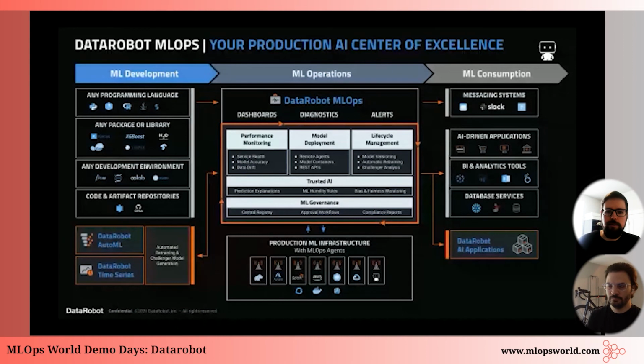When we talk to large organizations, it's not uncommon for them to have different teams using different technologies for both training and deploying models. So we've borrowed a standard DevOps concept of an agent to actually get monitoring on these remote models.